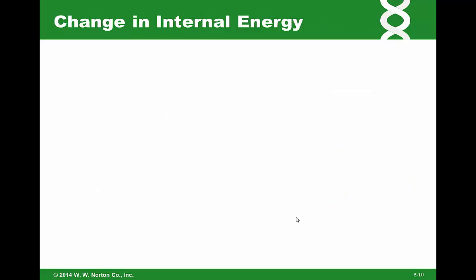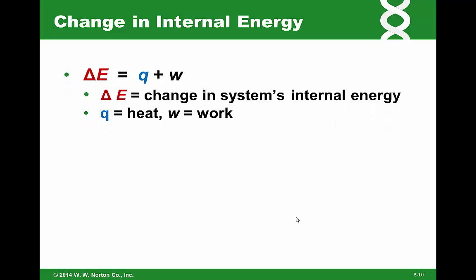Now we're going to look at how the internal energy can change. Another consequence of the first law, this statement right here, is really another way of writing the first law of thermodynamics. We've seen a couple of different mathematical equations that are both essentially equivalent to the first law.